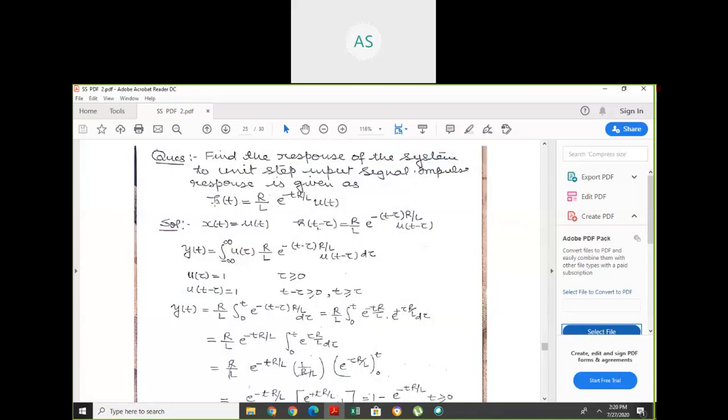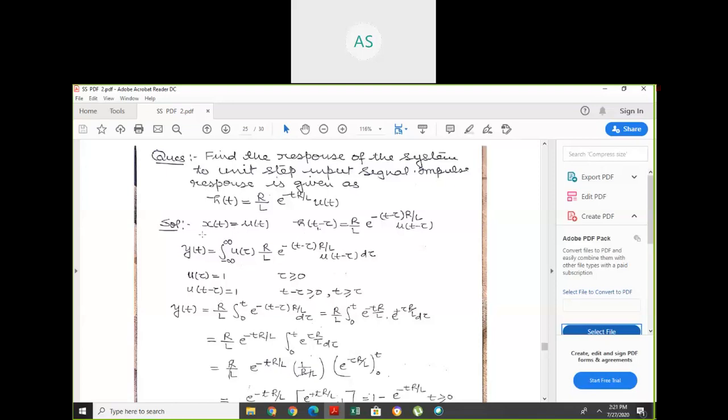The impulse response is given by h of t equal to R by L exponential minus t R by L u of t. The input x of t is a unit step, and we replace this t by tau, and also replace t by t minus tau in h, so we get the value of h of t minus tau.